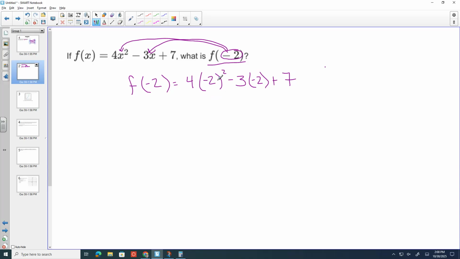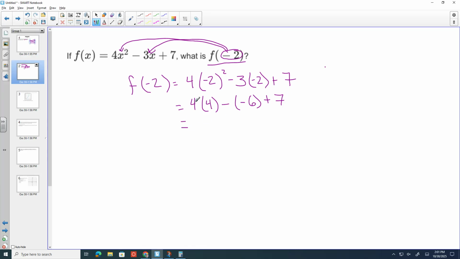So in this case, if I am doing negative 2 squared, that needs to be the first thing by order of operations. That is going to be 4 times positive 4. Watch out here, minus 3 times negative 2 is going to become minus negative 6 plus 7. See what I did there?